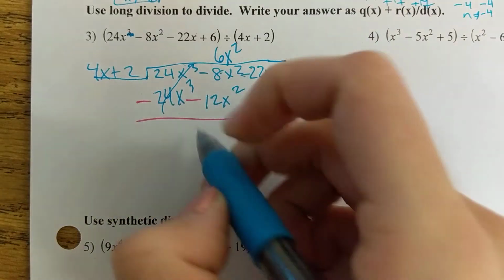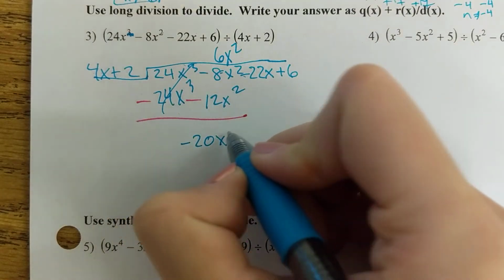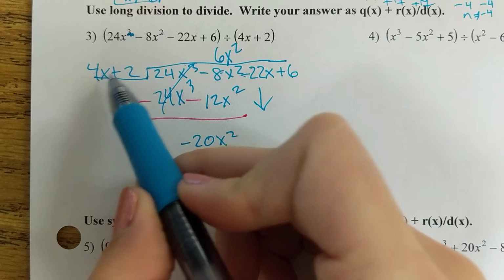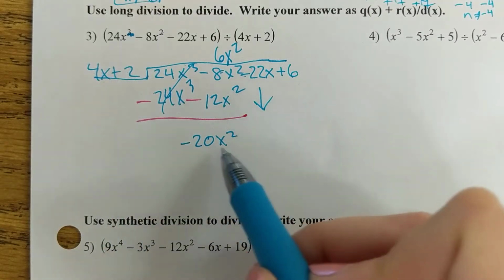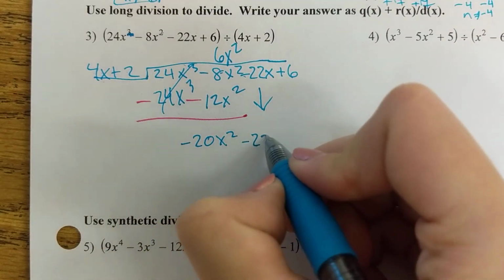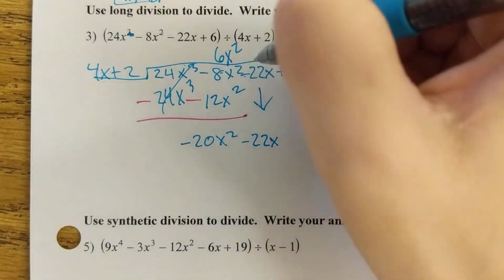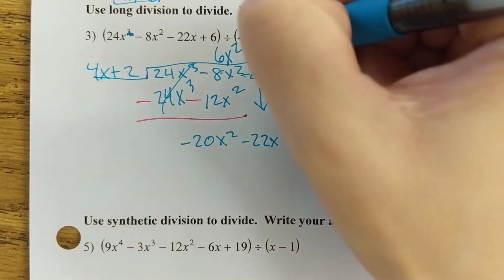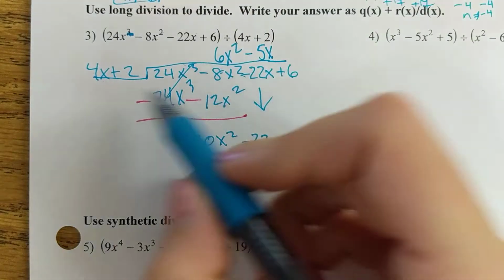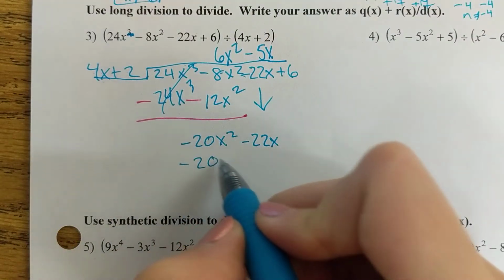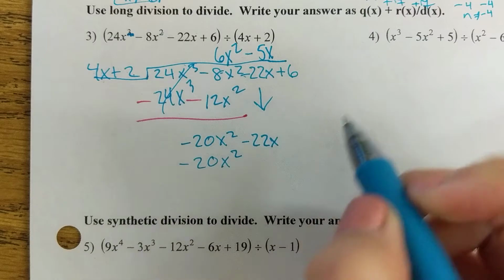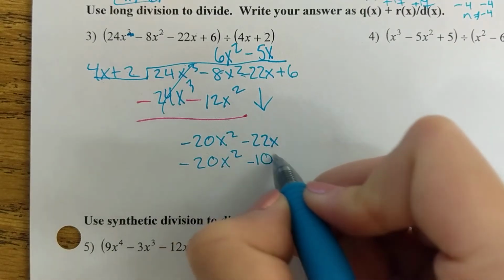So that's 0, negative 20x squared. You're dividing by 2 terms, so you need to have 2 terms here. 4x times something gives me negative 20x squared. That's negative 5x. That's negative 20x squared. 2 times negative 5x is negative 10x.